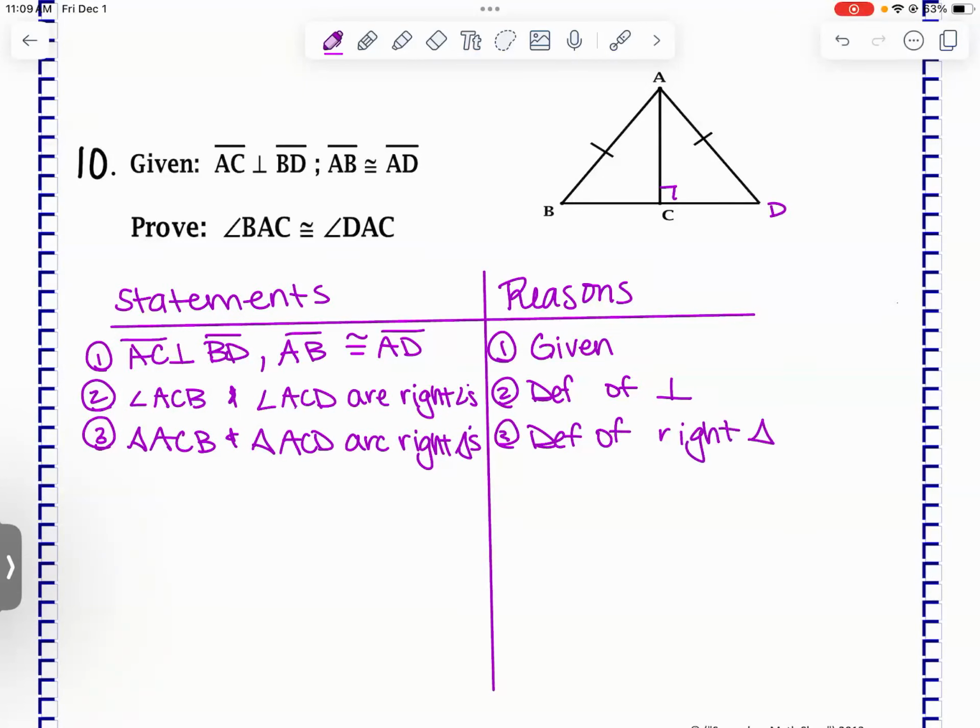So we have a right triangle. It looks like we have, this is telling us we have hypotenuses congruent, right? We have right angles. What's the next thing we need? AC is congruent to AC.